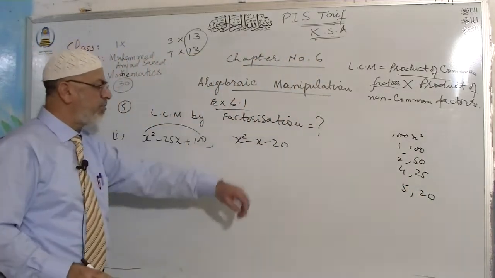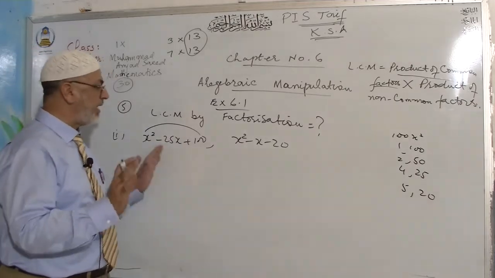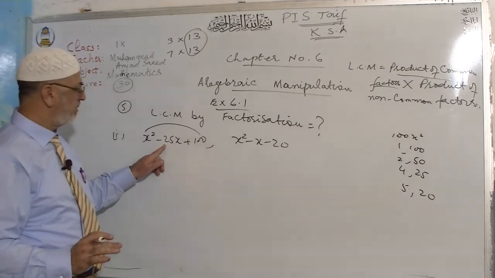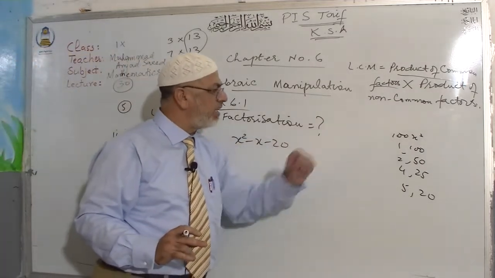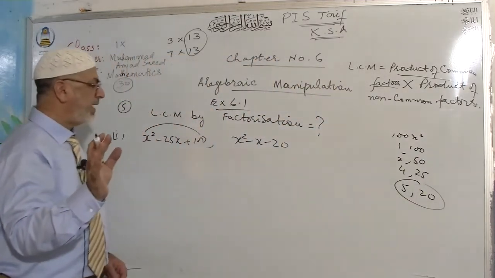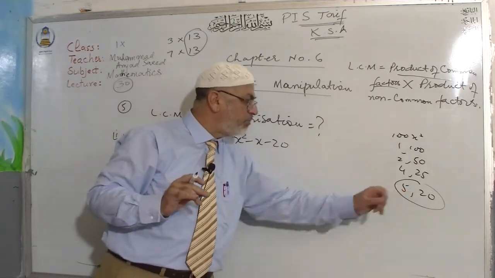So these are the possible pairs. You can check which pair after adding or subtracting is making minus 25 and after multiplying 100.